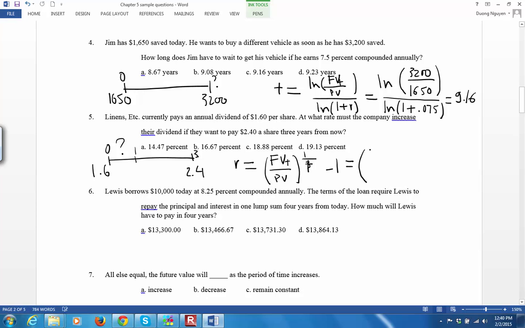So future value 2.4 divided by present value 1.6, raised to the power of 1 over t, which is 1 over 3, minus 1, and the answer is 14.47%. So what it means is the dividend has to grow at the rate of 14.47% in order to become $2.4 per share in 3 years.